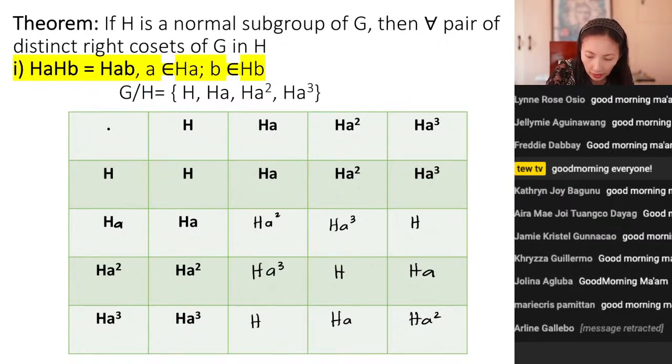Why? Let me show you. HA squared times HA squared is simply H times A squared times A squared, which is HA to the fourth.